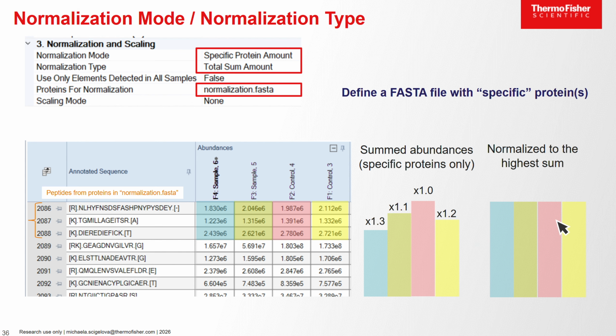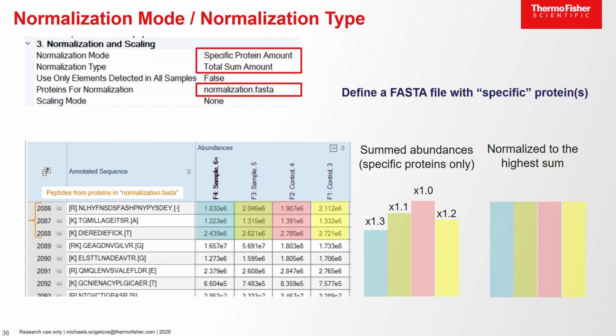So what about yet another method of normalization? Now I will showcase the method based on specific protein amount. And in that case, I again select the total amount as a normalization type. What is happening here? You need to provide the software with the FASTA file, which can contain one protein or multiple proteins, depends. Those are your specific proteins on which the data will be normalized.